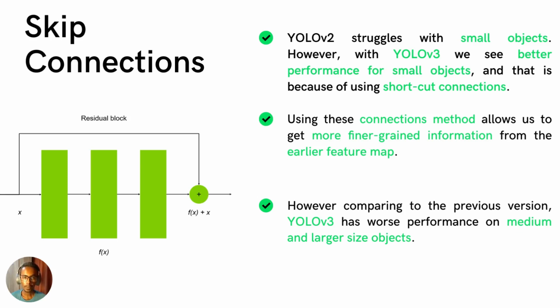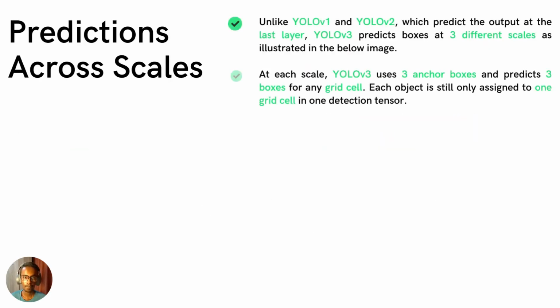This helps to enhance learning for detecting smaller objects, because smaller objects are detected earlier in the network. If they're not propagated as we go deeper inside the network, their performance is going to degrade. However, compared to the previous version, YOLOv3 has worse performance on medium and larger size objects.